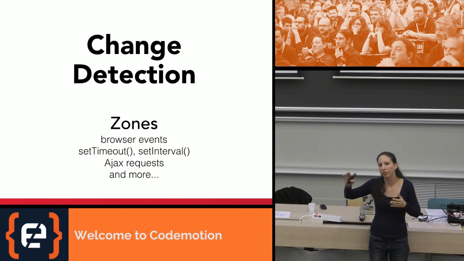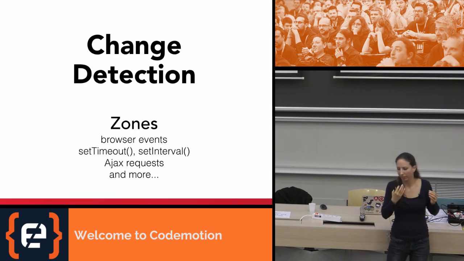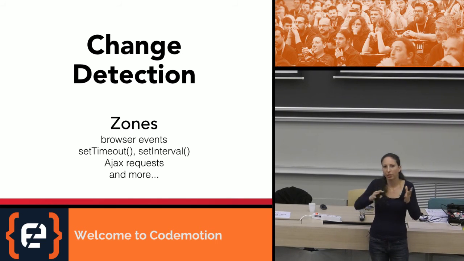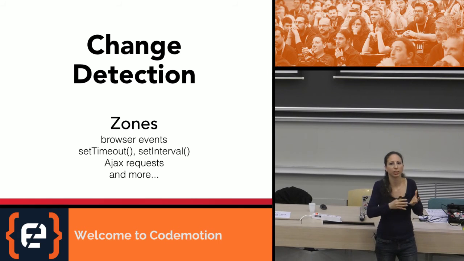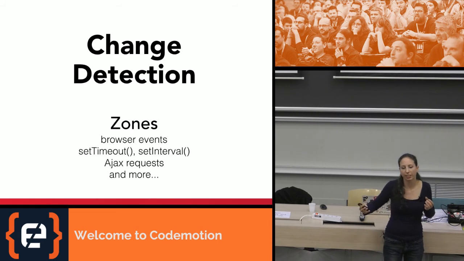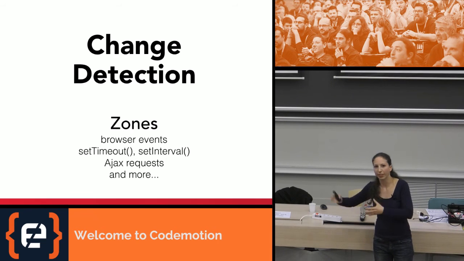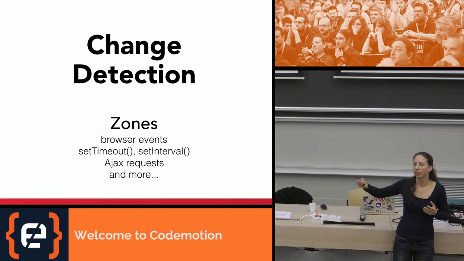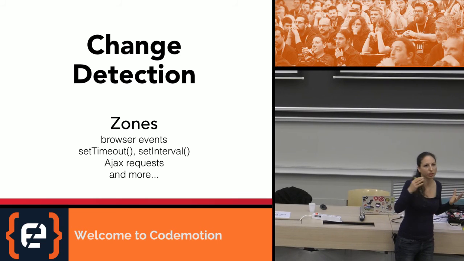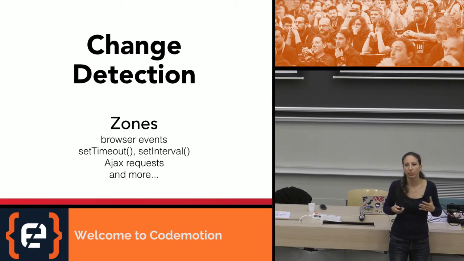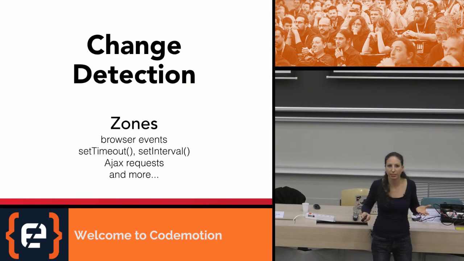So if you have an event, if you're waiting for something to happen, then Zones takes over it, and it knows that you put an event listener. And when the event fires, Zones tells Angular that there was an event and that it needs to run the change detection.